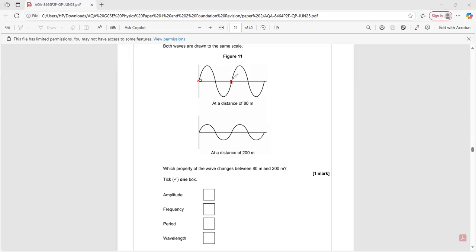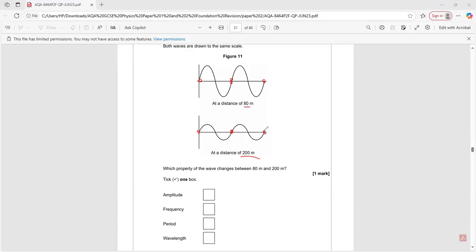That's one cycle, and the next cycle is here to here. So a distance of 80 meters has two cycles. A distance of 200 meters also has two cycles, because here to here is one cycle, and from here to here is another cycle. Do you understand what I just explained?